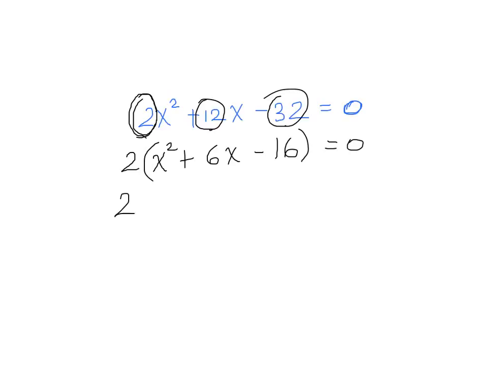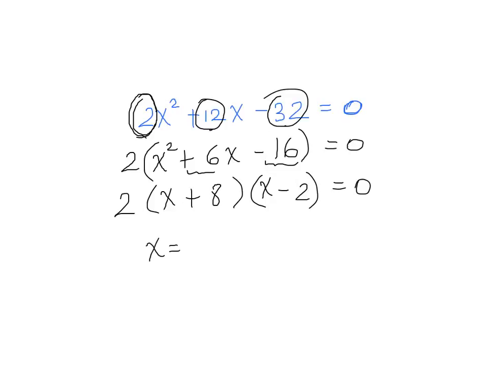So now we can factor by looking for the two numbers that multiply to get negative 16 and add to get 6. And our two numbers should be plus 8 and minus 2. So it's x plus 8 and x minus 2, and that's equal to 0, which gives us that x is negative 8 and x is 2.